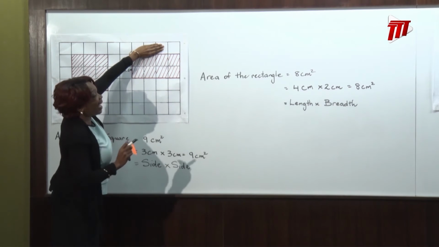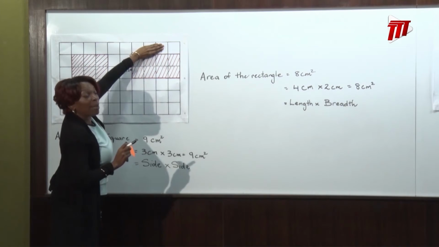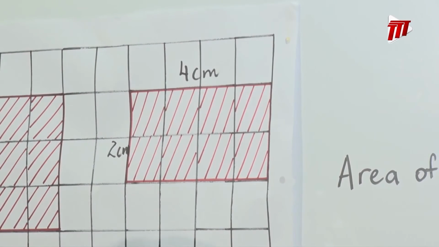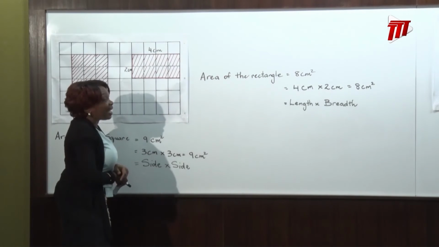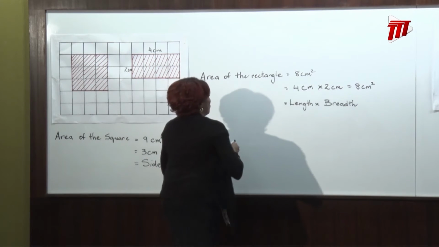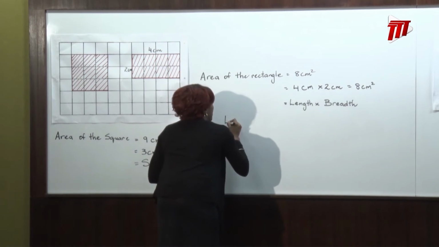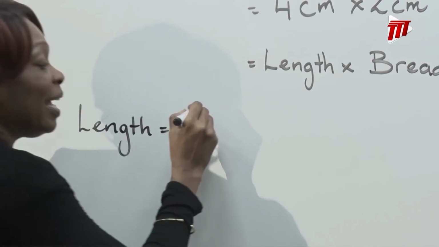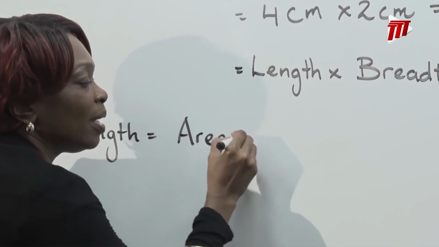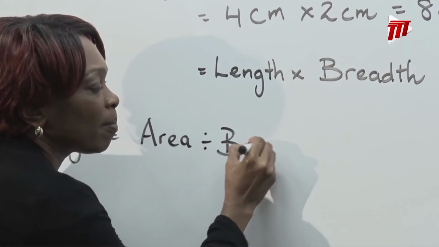I can say 8 centimeters squared divided by 2 centimeters, and I will get the 4 centimeters. Children, are you seeing it? So I can say the length is equal to area divided by breadth.